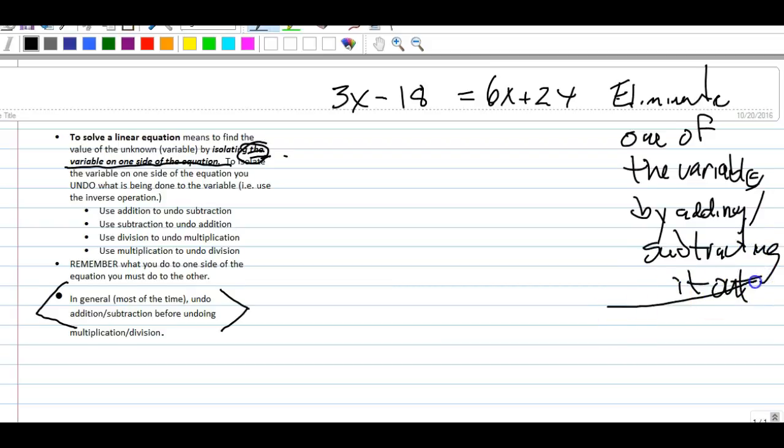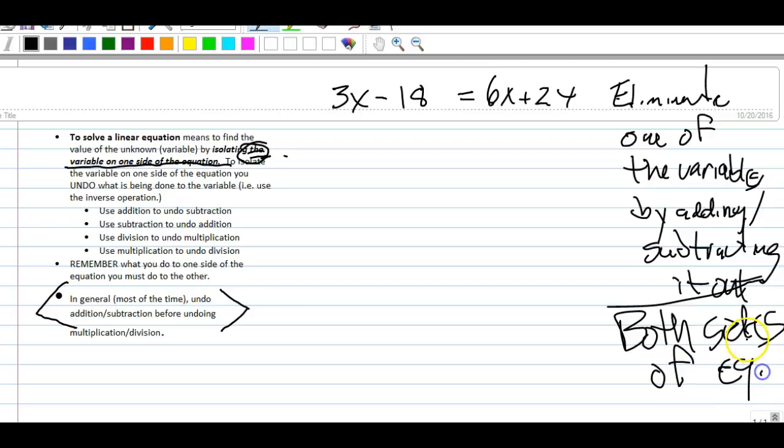But now remember, what you do to one side of the equation, you must do to both sides of the equation. So here I have a 3x and here I have a 6x. It doesn't matter whether you eliminate the 3x or the 6x. You're still going to get the same answer.